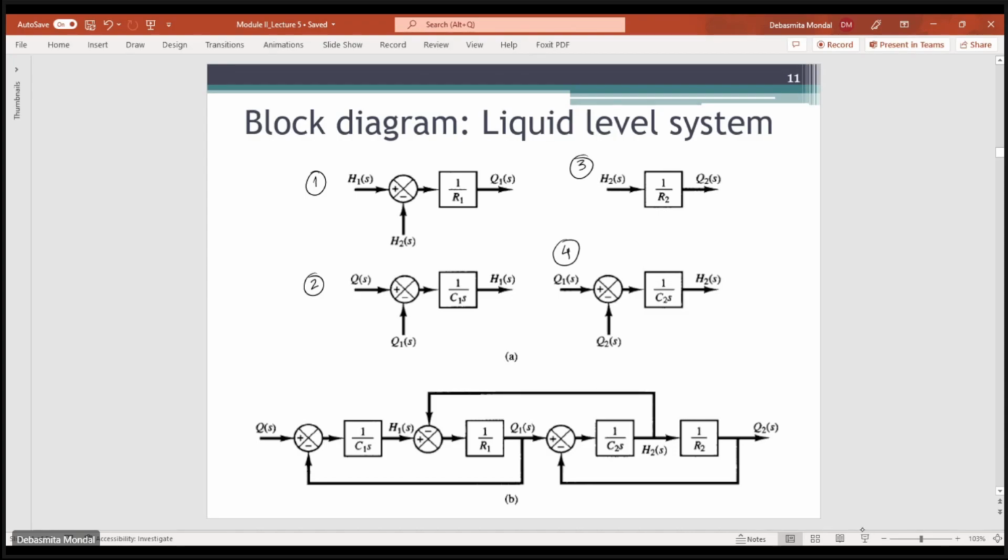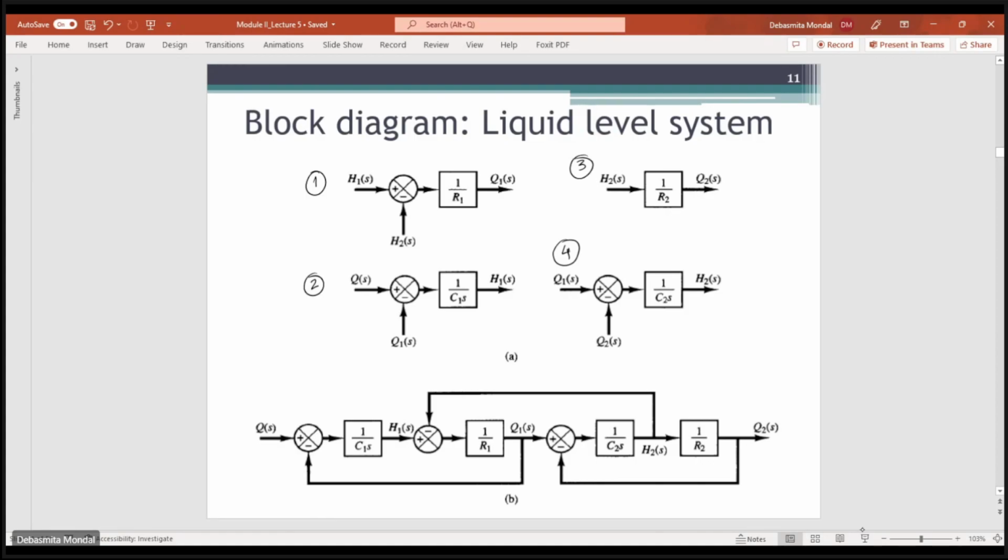So you have plus minus over here. You have 1 by R1 and the output is Q1S, right? And then you see that this Q1S is coming as an input to this block, so you can just connect this Q1S with a negative sign to this block. So this part is done.